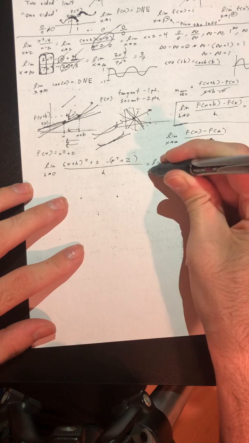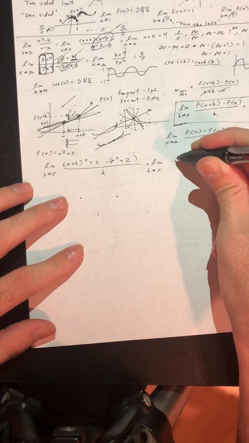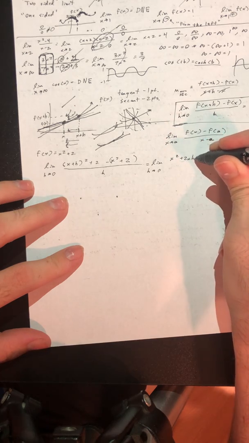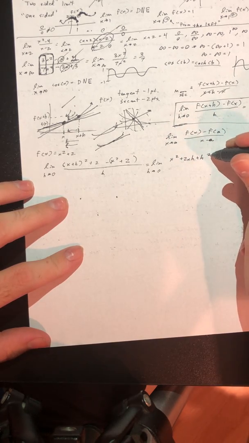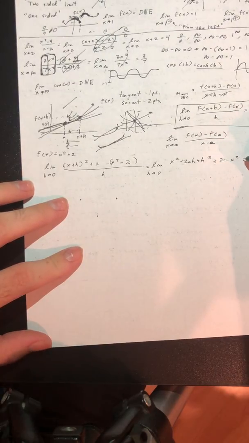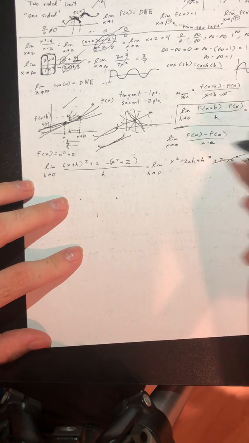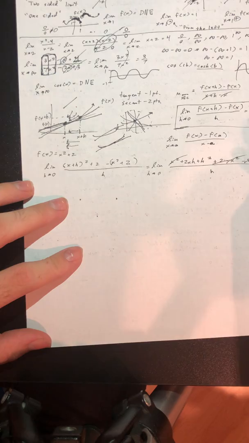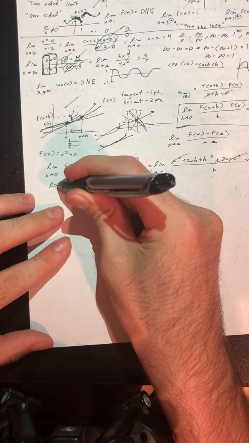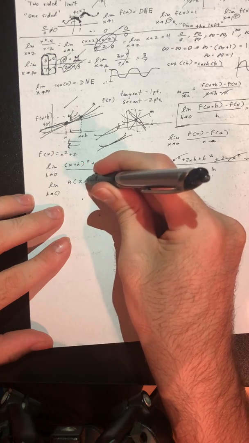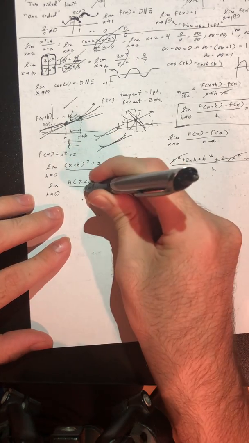That's equal to the limit as h goes to 0 of x squared plus 2xh plus h squared plus 2 minus x squared minus 2. That goes away, that goes away, that goes away, that goes away. Oh, and it's over h still, which is equal to the limit as h goes to 0 of h times (2x plus h) over h.